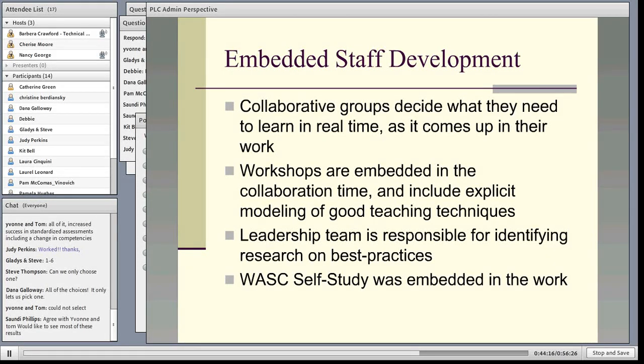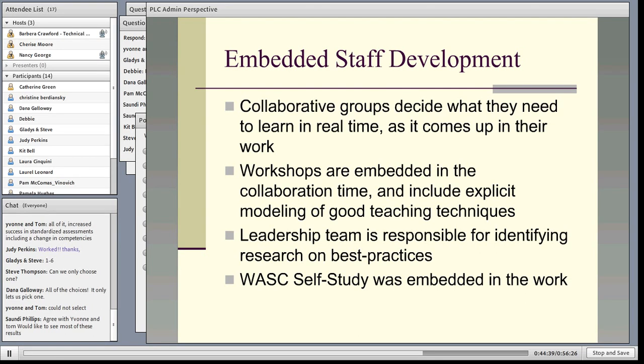So in that way, the staff development doesn't become a separate piece, but it's really embedded, and we call it learning by doing, because they're learning it, they're trying it, they're using it, they're coming back, they're identifying the next piece they need to learn, and it really becomes a real-time staff development.